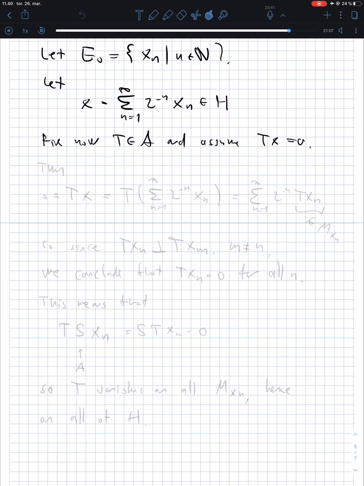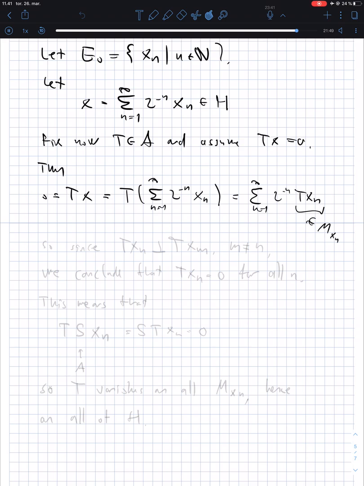But what does that mean? It means that Tx, which is T applied to the sum of 2 to the minus n, x_n, is 0. And that is the same as the sum from n equals 1 to infinity of 2 to the minus n, T x_n. But notice that all the T x_n's come from M x_n, right? Because T comes from A, and so T x_n lies in M x_n.